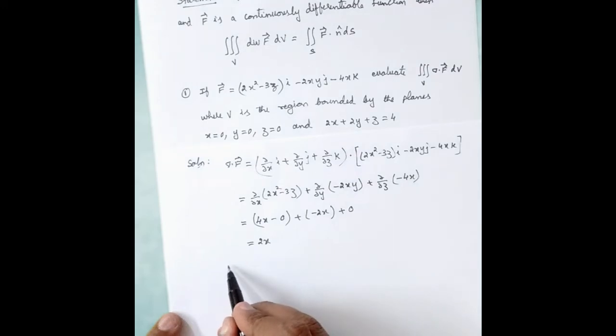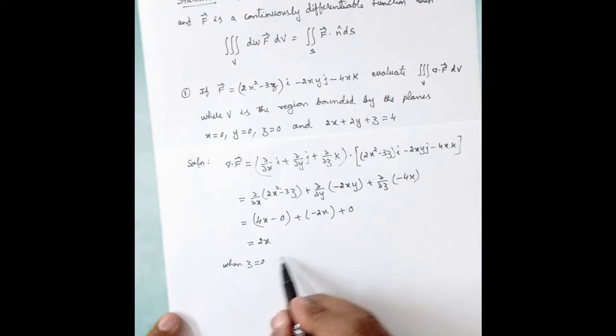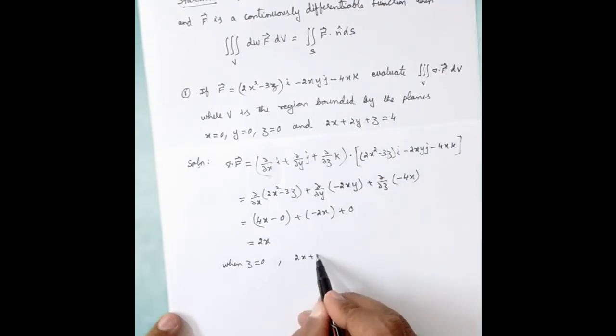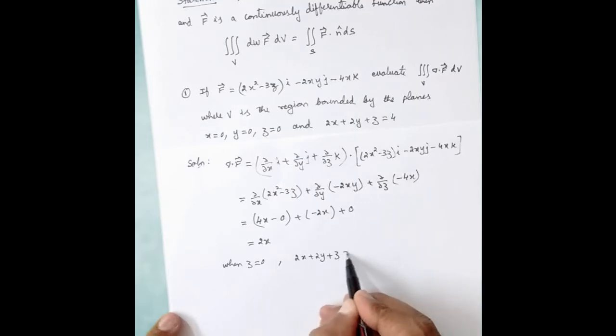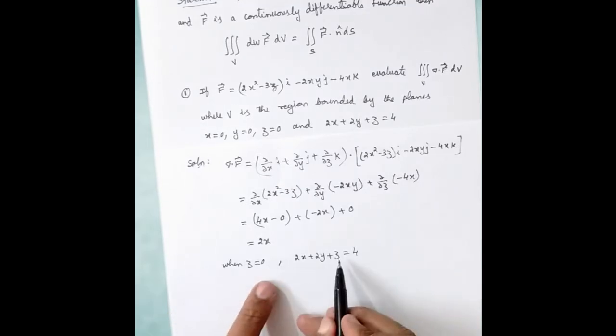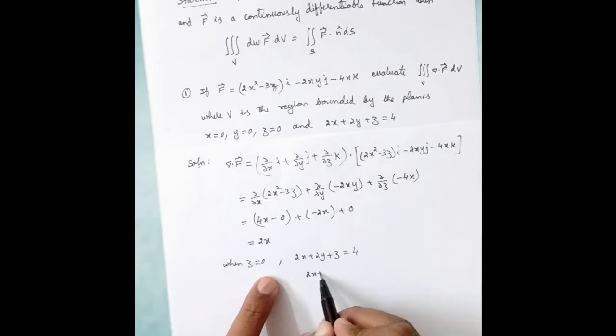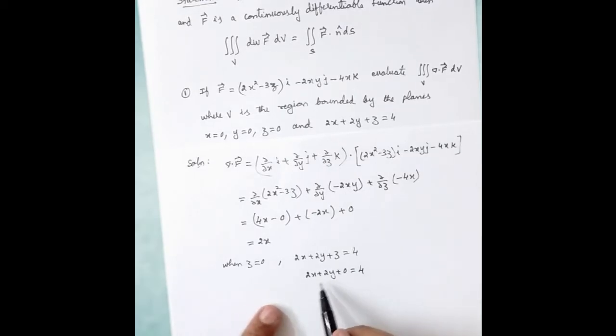When the value of z is 0, if you put z as 0 here, I will get 2x plus 2y equals 4.